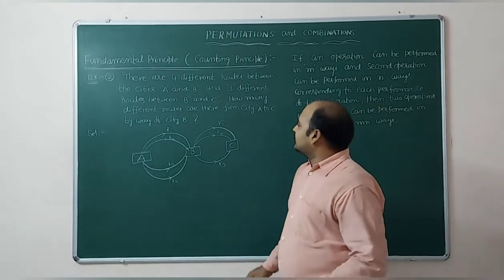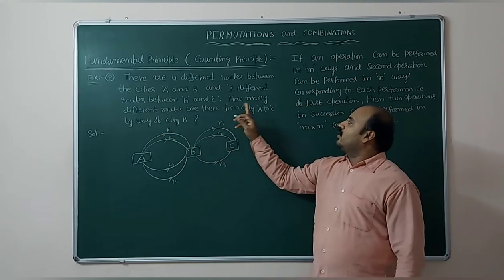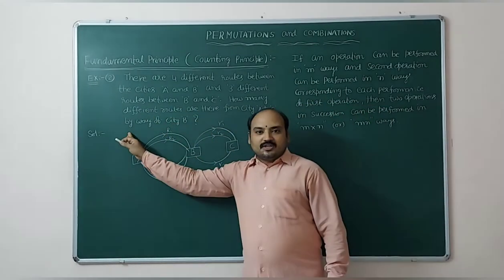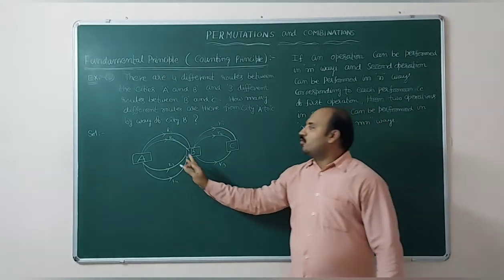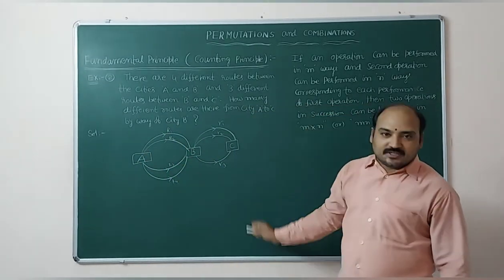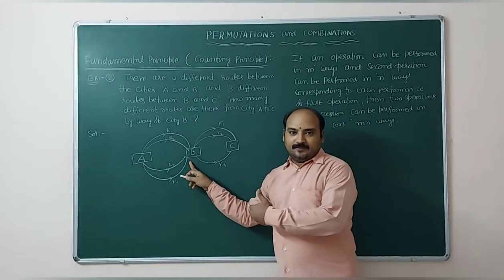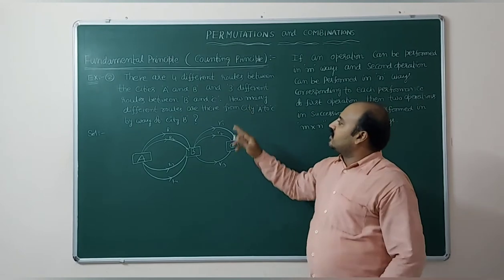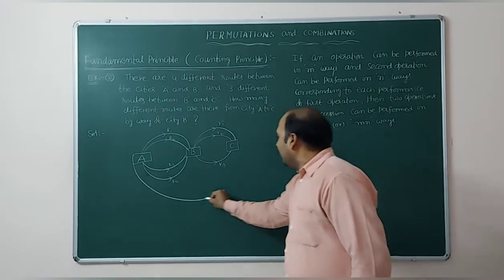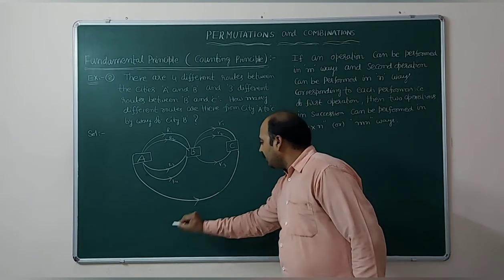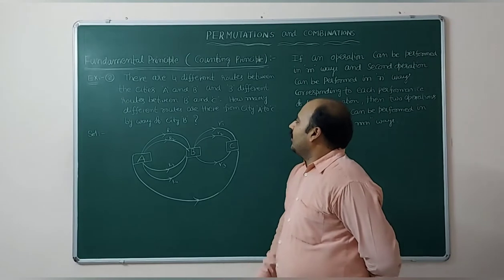After that, what they are asking is how many different routes are there from city A to C by way of city B. So from A to C we need to calculate.